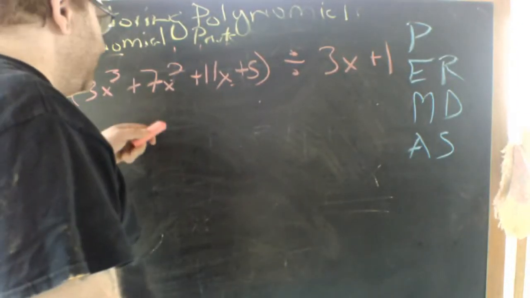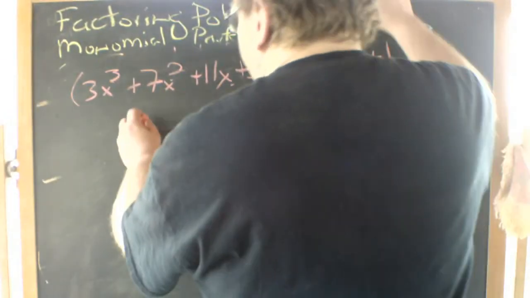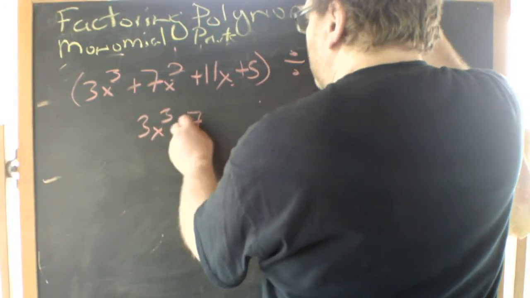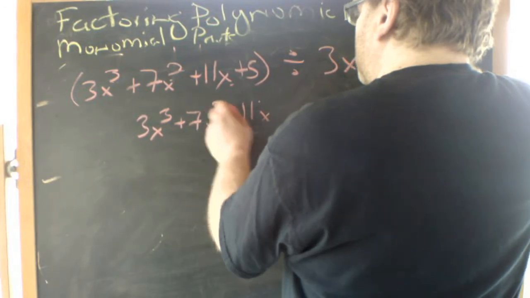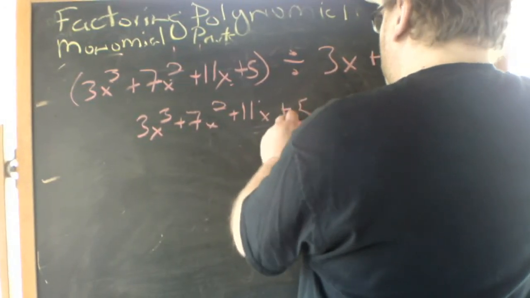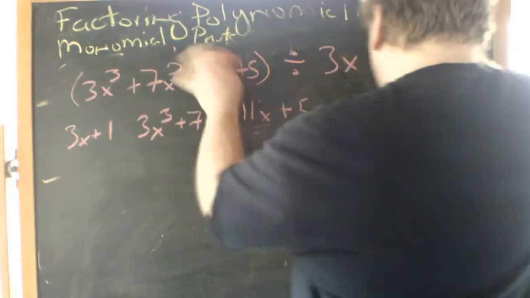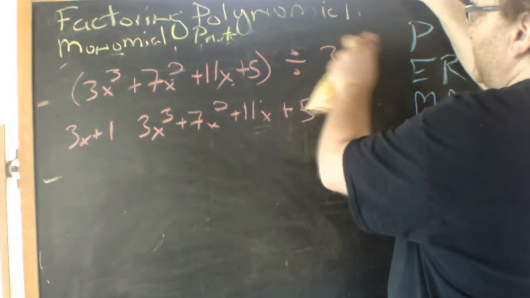So I'm going to rewrite this slightly to make it look like a long division. And I'm going to divide by 3x plus 1. I'm going to erase this up here so that I have room up above, just like we would in a long division.